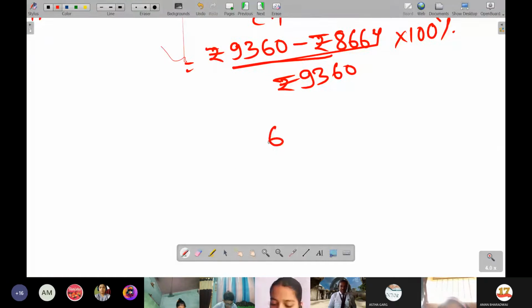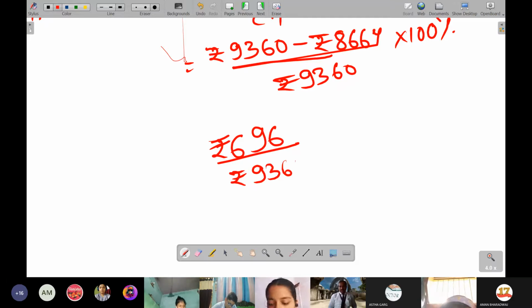It will come 6, then 5, so 9, then 2, so that is 12 minus 6, again it will become 6. So rupees 696 by rupees 9,360. Sorry, into 100% was also there.